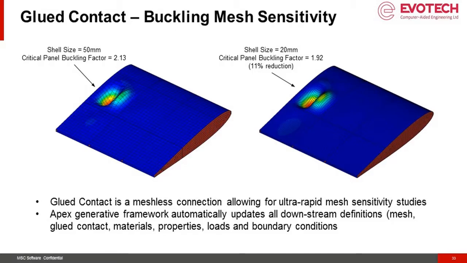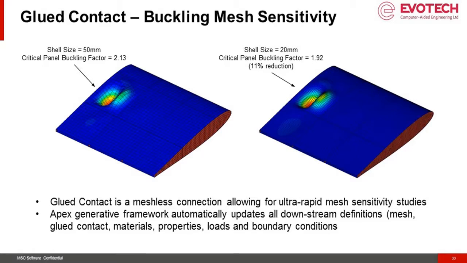On the left hand side, with a coarse model, the buckling factor is calculated at 2.13, and on the right hand side with a much finer mesh, the buckling factor is calculated at 1.92, which means that a reduced load, 11% lower, is required to buckle the finer mesh panel.